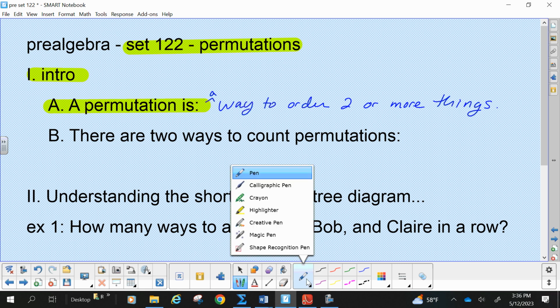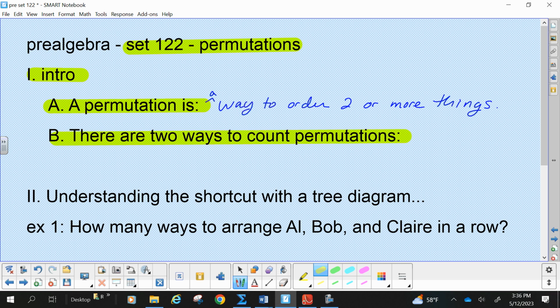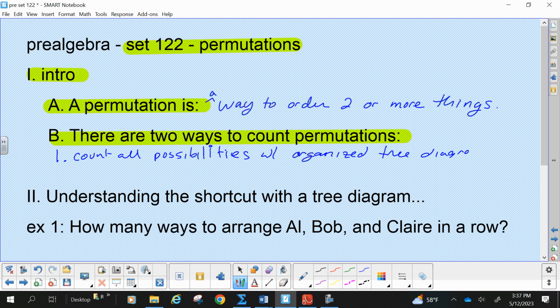There are two ways to count permutations. One is to count all possibilities by making an organized list. I'll use a tree diagram. It's a visual way to do all the different possibilities without just thinking of them, which always involves missing one, okay?